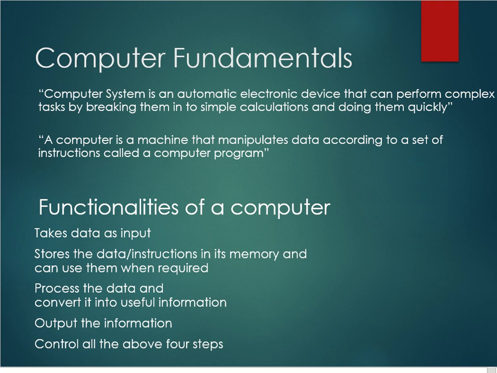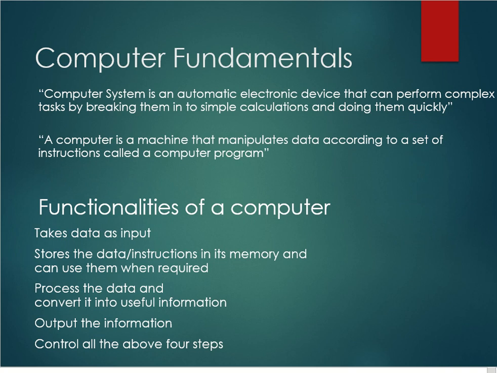And the functionalities of a computer can be simply like this. Takes data as input and stores the data instructions in its memory, and can use them when required, and process the data and convert it into useful information, output the information, and control the above four steps.